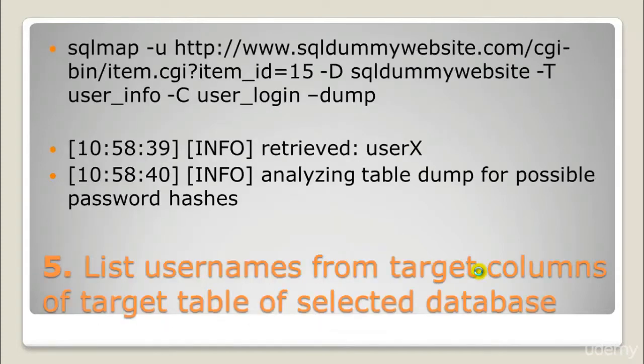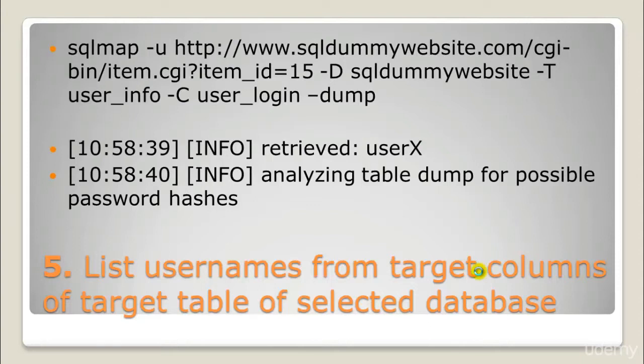The next step would be to list usernames from the target columns of the target table of the selected database using SQLmap injection. SQLmap makes this easy. To do that, we need to run this specific command: sqlmap -u and so on, -D SQL dummy website -T user info -C user_login --dump.